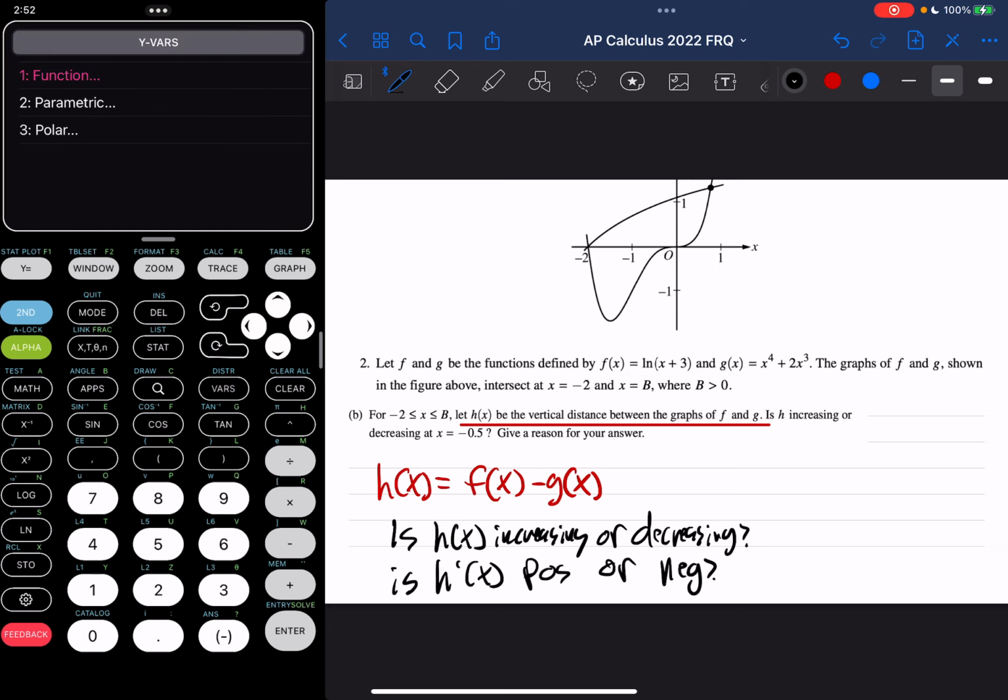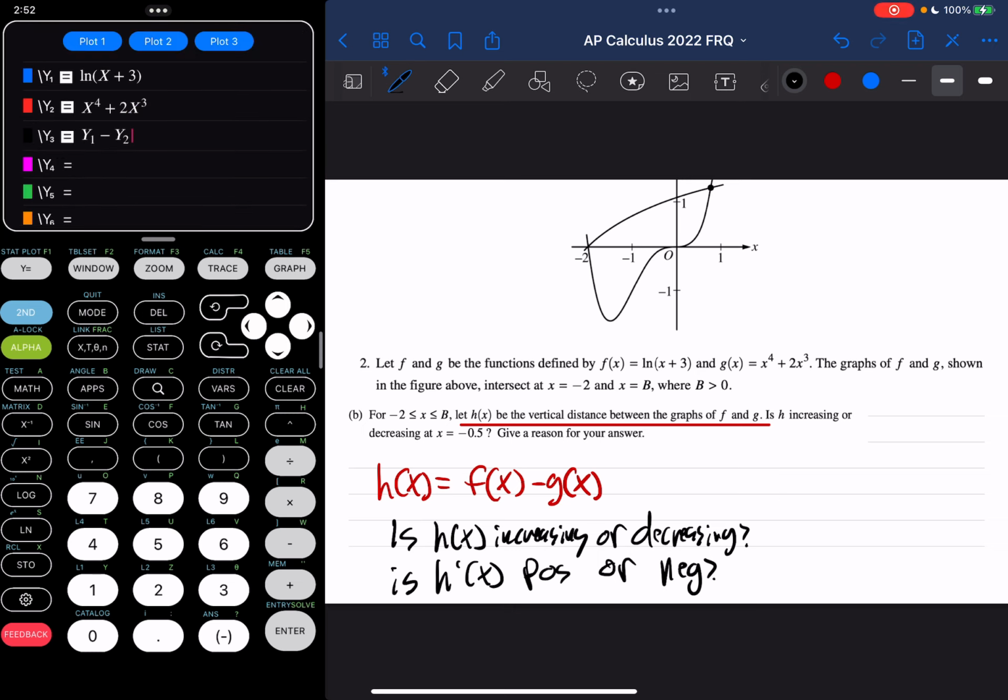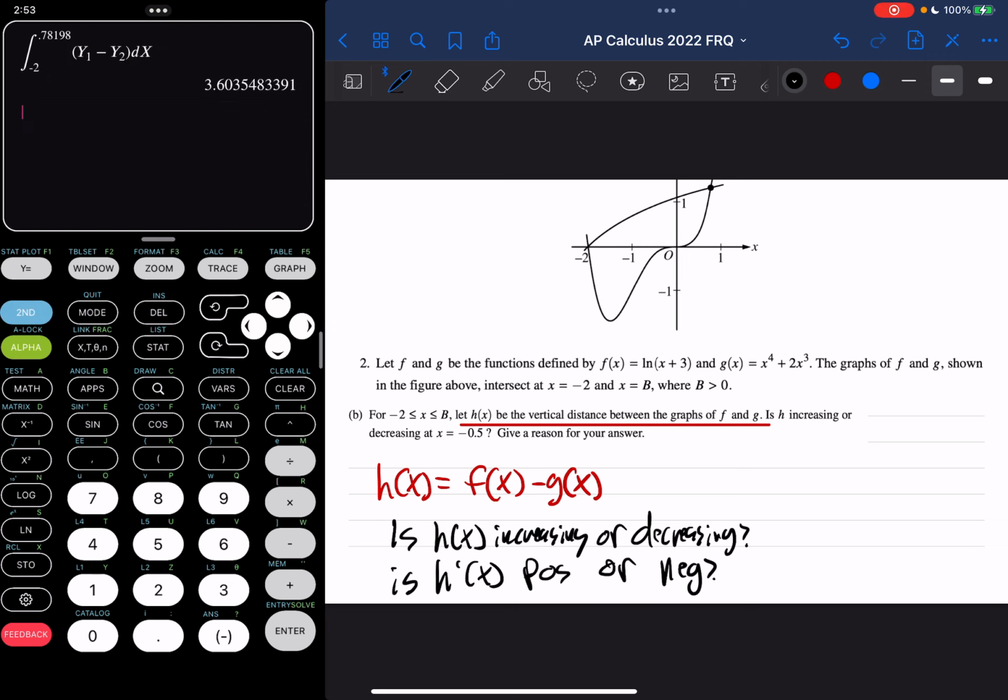So under y3, I'm just going to call it y1 minus y2. And so that's our h of x right there. And so I'm going to find the derivative of this function, y3, at this point. So I go down to number 8 and derive. And so we have y3, -0.5.